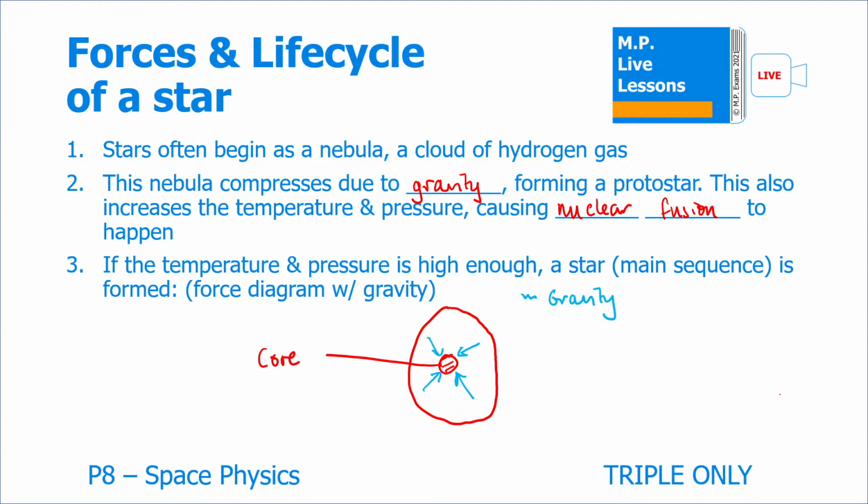However, there is lots of energy released due to nuclear fusion, so it's balanced. Now, at this point, when the star is in its main sequence stage, its forces are in equilibrium, and it's stable. That's until the hydrogen runs out, and depending on the size of the star, a few things could happen.